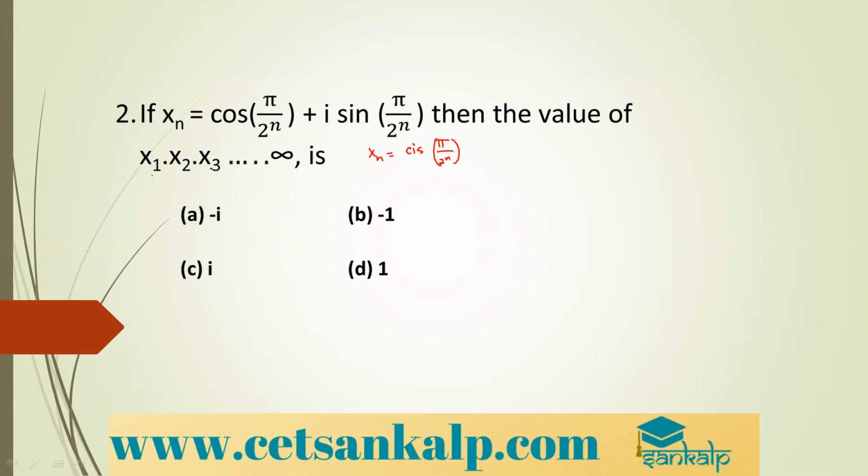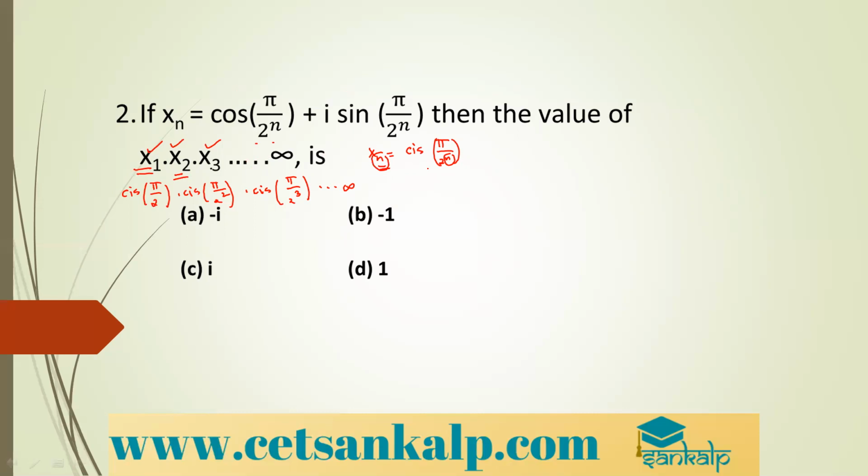Now, because we have x₁ · x₂ · x₃ up to infinity, that means we are multiplying cis(π/2¹) into cis(π/2²) into cis(π/2³) and so on up to infinity. Because if you want x₁, you have to put n as 1. If you have x₂, you have to put n as 2, and here also n as 2, and so on. This is what we get.